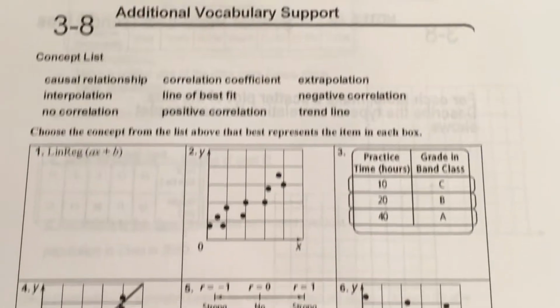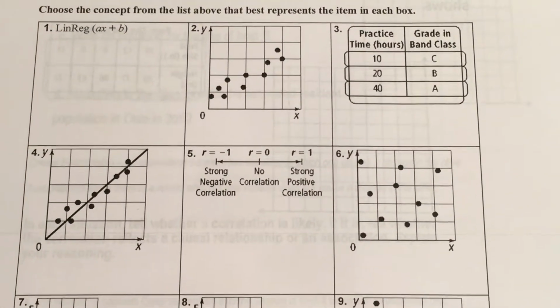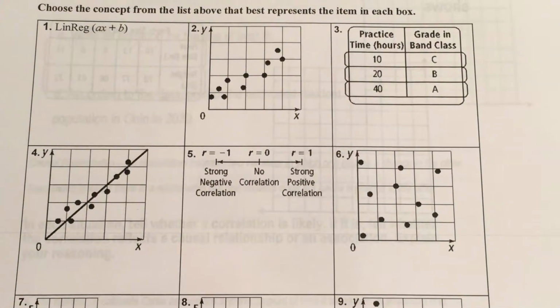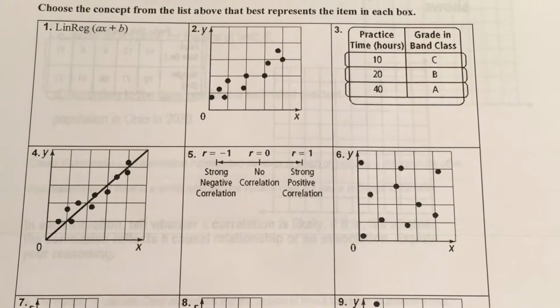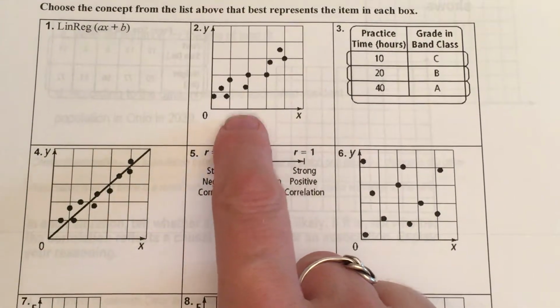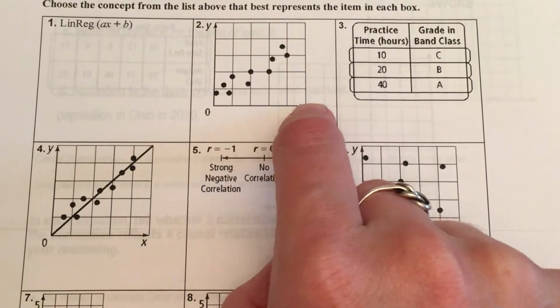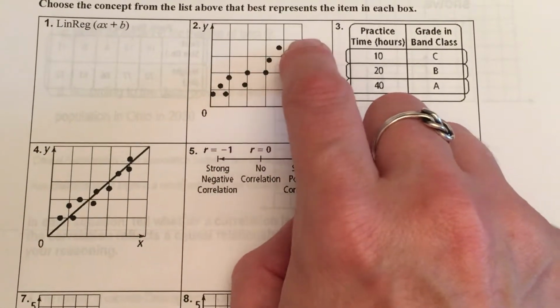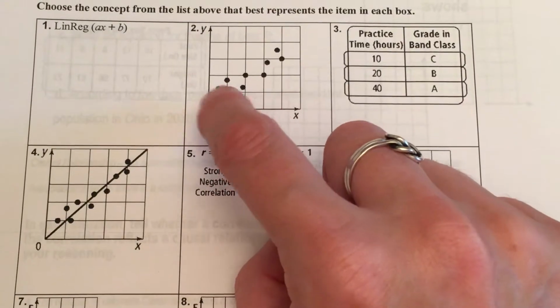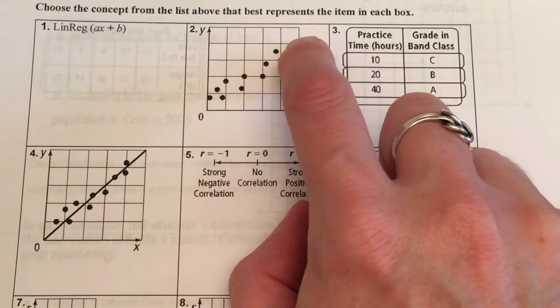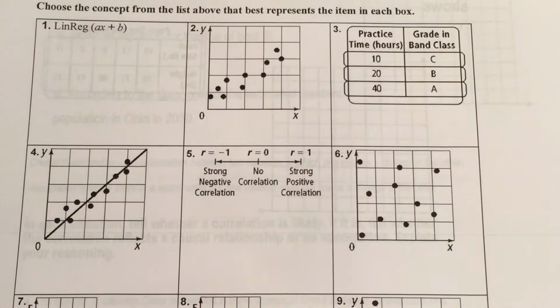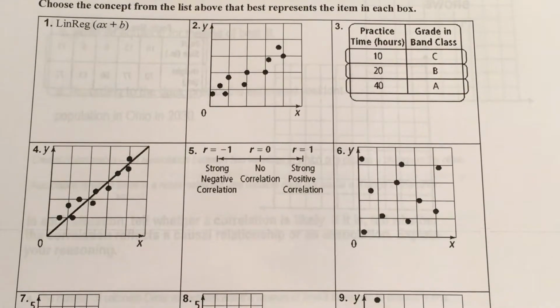Just looking at the pictures that are given to us, some of these I bet you can figure out on your own. Let's look at number 2. What is this graph doing? What are these points doing? These points are kind of all moving in a direction. What direction are they moving in?